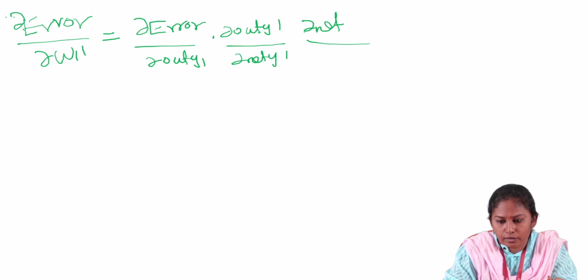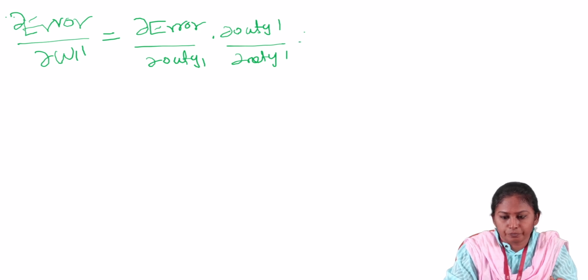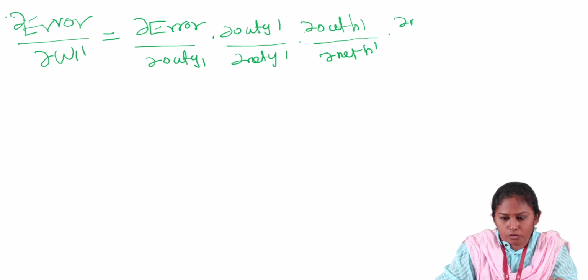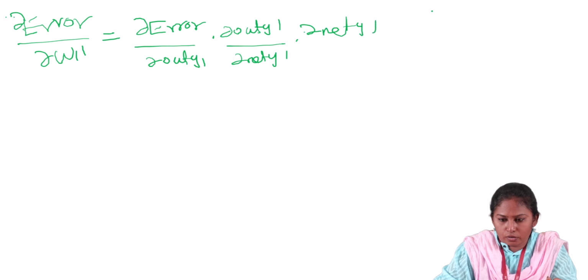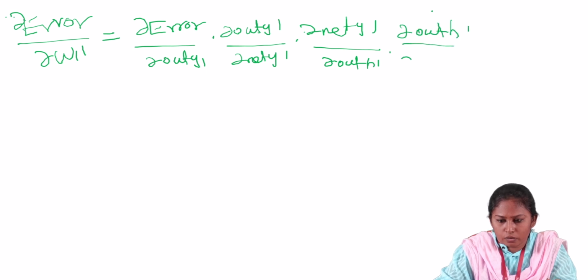As per the diagram we have reconstructed, it will be ∂out h1 divided by ∂net h1, and then ∂net y1 with respect to ∂out h1, then ∂out h1, then ∂net h1 with respect to ∂W11.